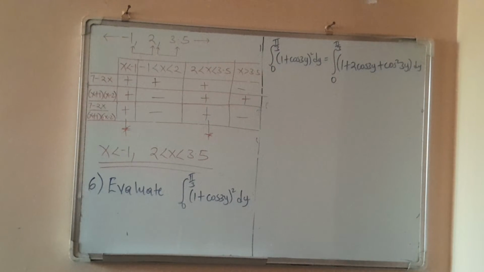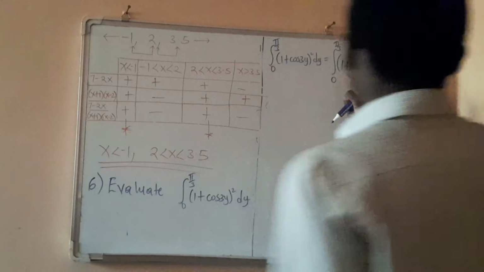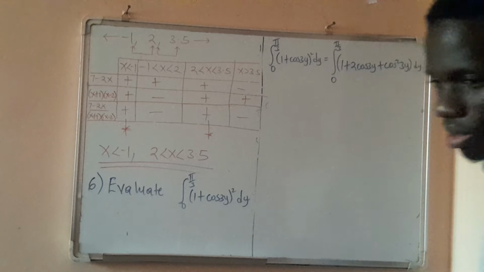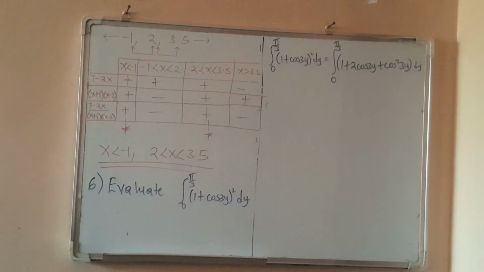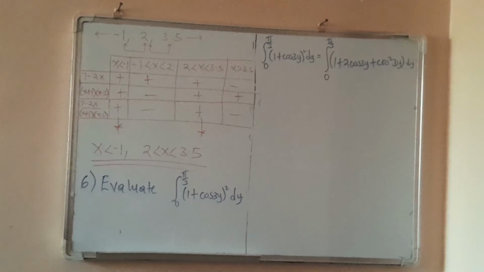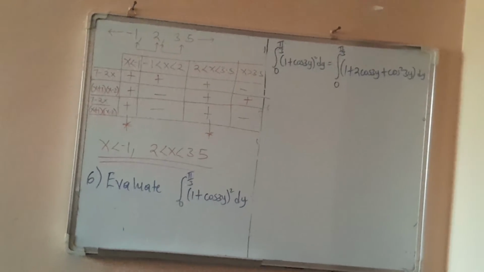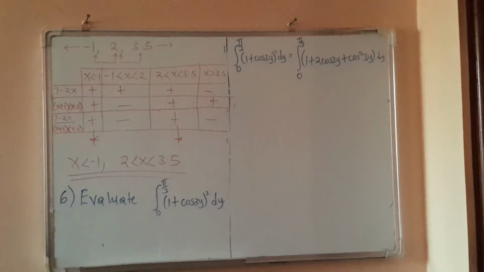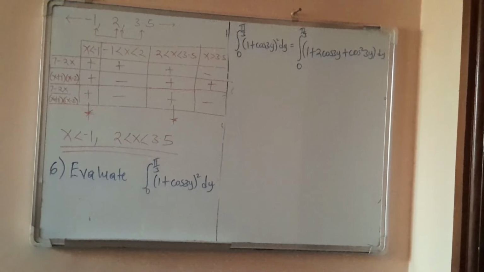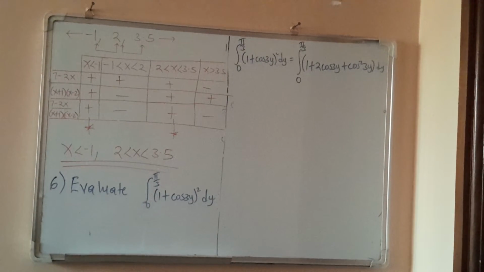What next? So we can integrate this. We can integrate 1. We can integrate cos 3y, but cos squared 3y, integration of even powers. If we want to integrate even powers, we shall use double angles.